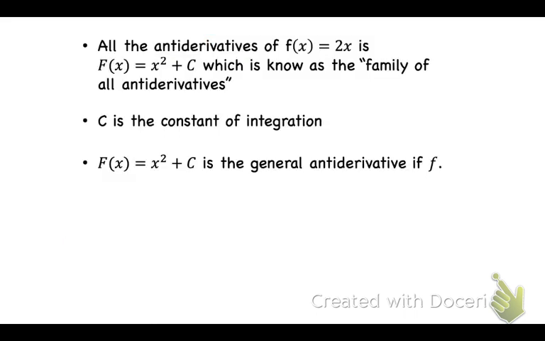So I'm just going to put some definitions up here. All the antiderivatives of f of x equals 2x is f of x equals x squared plus c. That's all of them, yes? Because I put a what? A constant. I put a plus c.